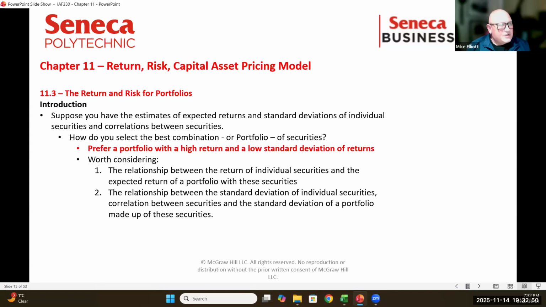Now, I can get into definitions of risk and the parameters of it, but the easiest way for us to consider the risk attached to a stock or a portfolio is how it varies from what we expect to find. Say a portfolio has a 15% expected return.